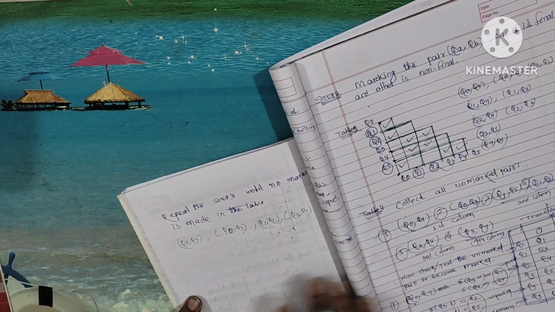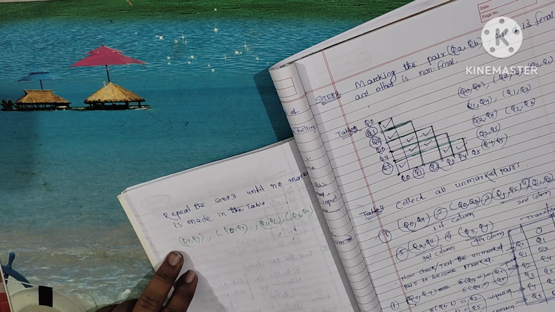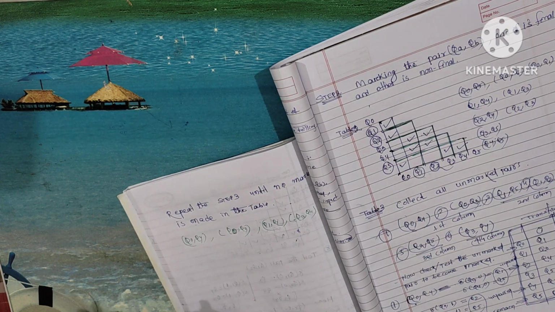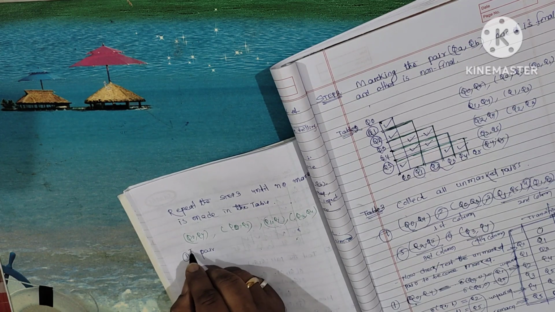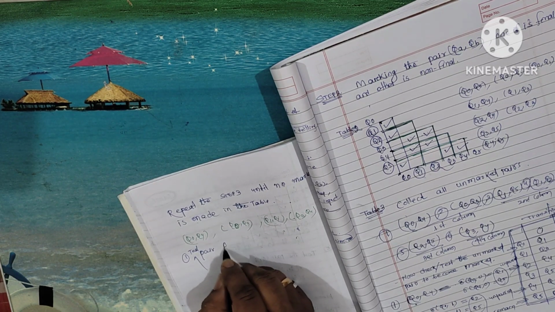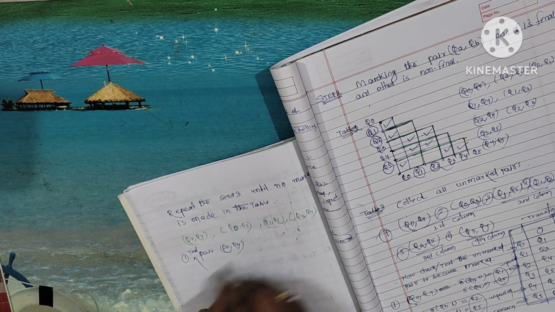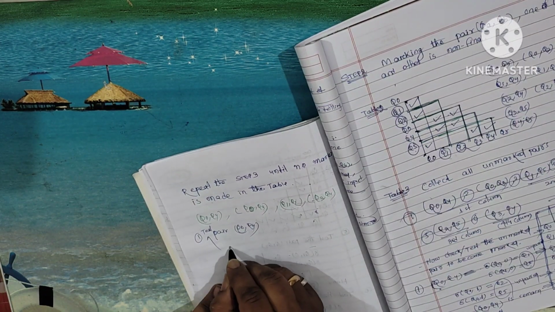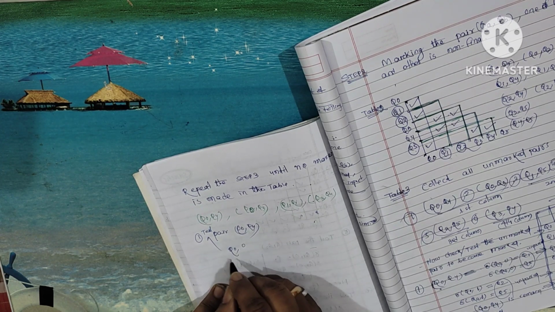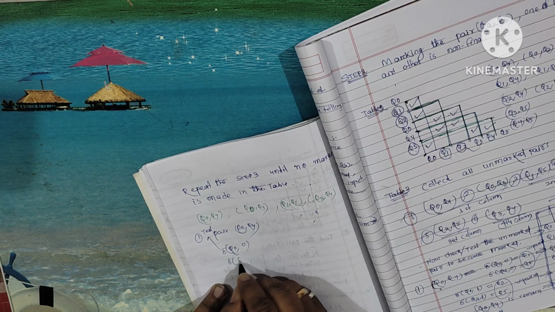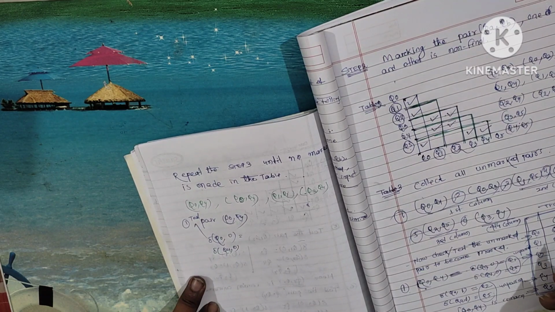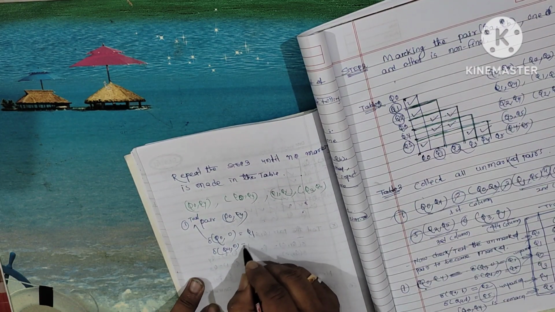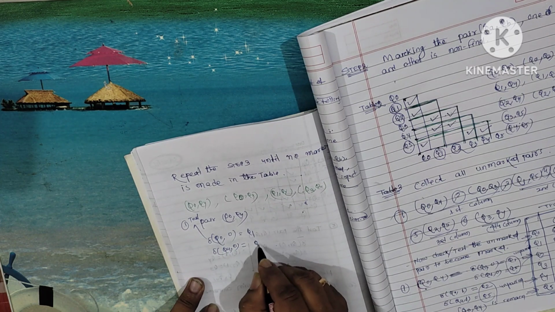Now what we have to do? So Q0, Q4, number 1. Test the pair Q0, Q4. Q0 on input 0 transition, Q4 on input 0 transition. Q0 where it is going, Q1, Q4, Q5.